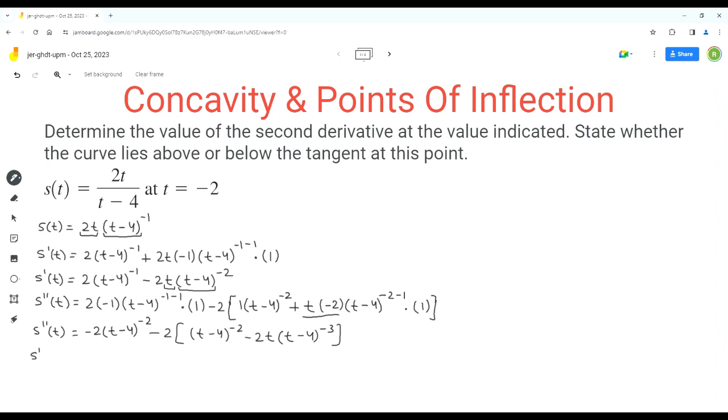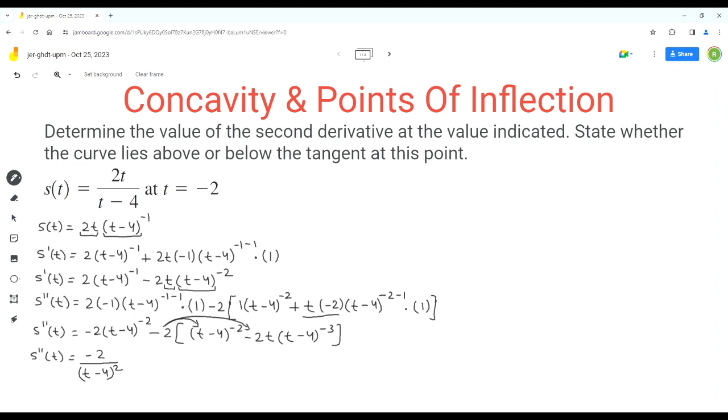So the second derivative of s at t. In the first term, we can move (t minus 4) to the denominator to make the exponent positive: 2 over (t minus 4) squared. And now we can distribute this -2 inside the brackets.